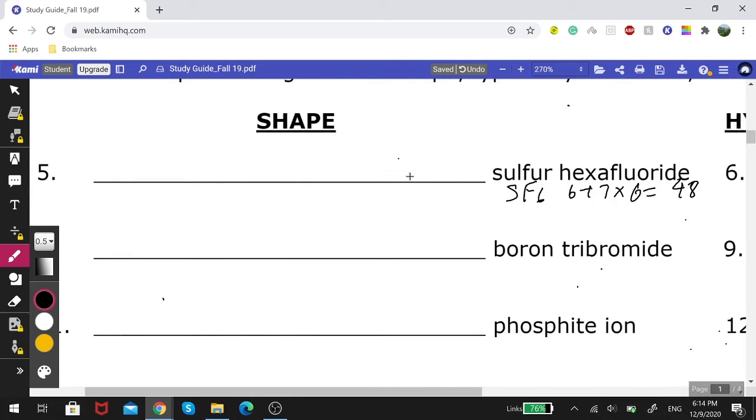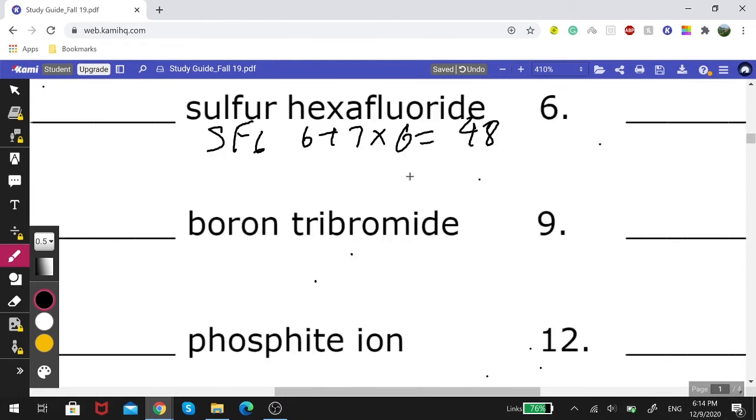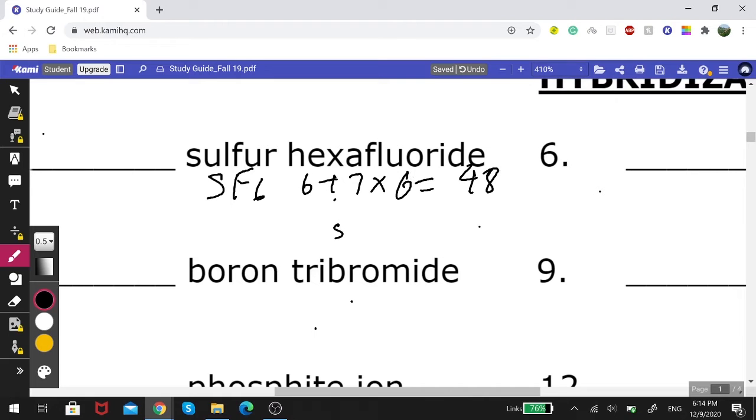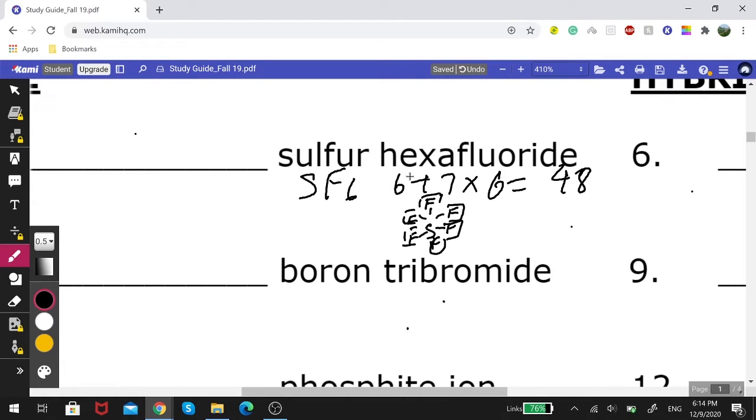We're going to zoom in a little bit. S with 6 atoms around it, and if each of them has 8, 6 times 8 is 48. So each of them can have 8. There we go. And now the S will be an expanded octet.